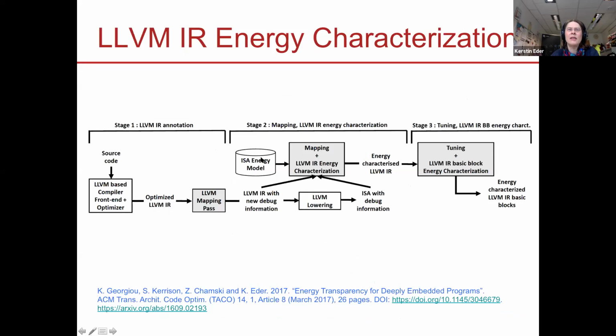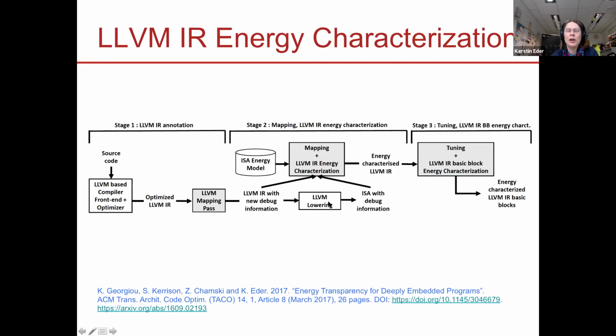We've got the ISA level energy model in the middle here. And we are then performing that trick to remember where the machine code came from, right? So we're remembering where in the intermediate representation the machine code originated from. We use the debug information to keep track of this.